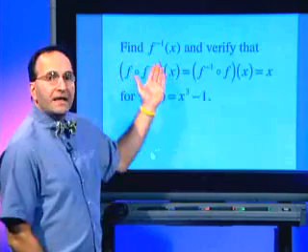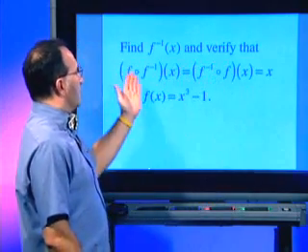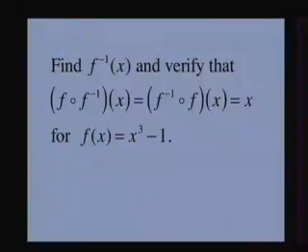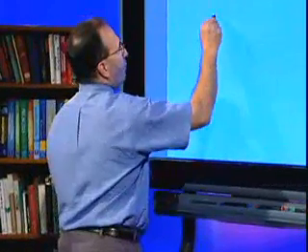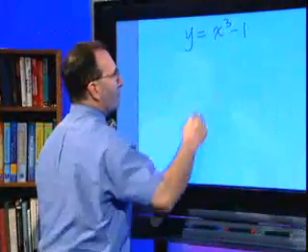Find f inverse of x and verify that the two functions are in fact inverse functions for the function f of x equals x cubed minus 1. We're going to take the function f of x equals x cubed minus 1 and replace f of x with the letter y. So our equation becomes y equals x cubed minus 1.